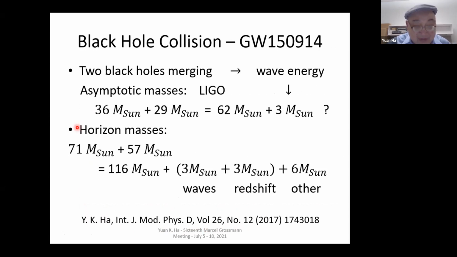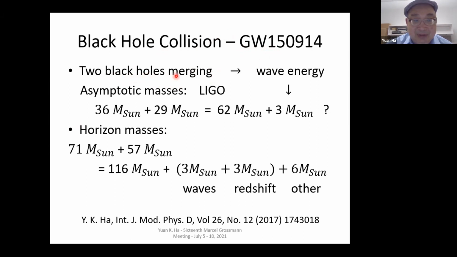Now, so far the result is mathematical, but is this important to physics? Well, we have two processes to show that the horizon mass is absolutely important. First is the black hole collision, using the example of the first gravitational waves observed in 2015.